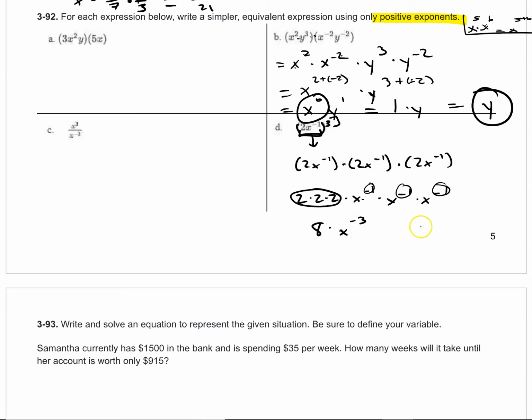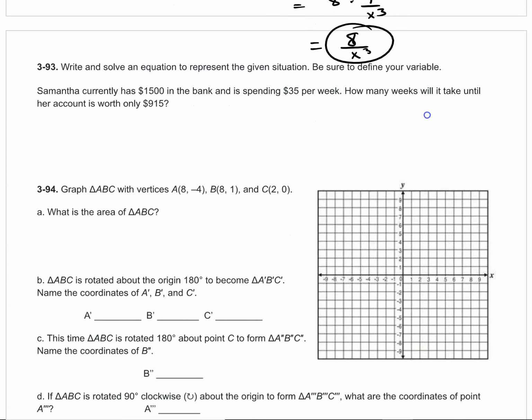And we have a negative exponent, so don't forget to cross the line and change the sign. X to the power negative 3 flips to 1 over x to the power 3. Final answer is 8 over x to the power 3.